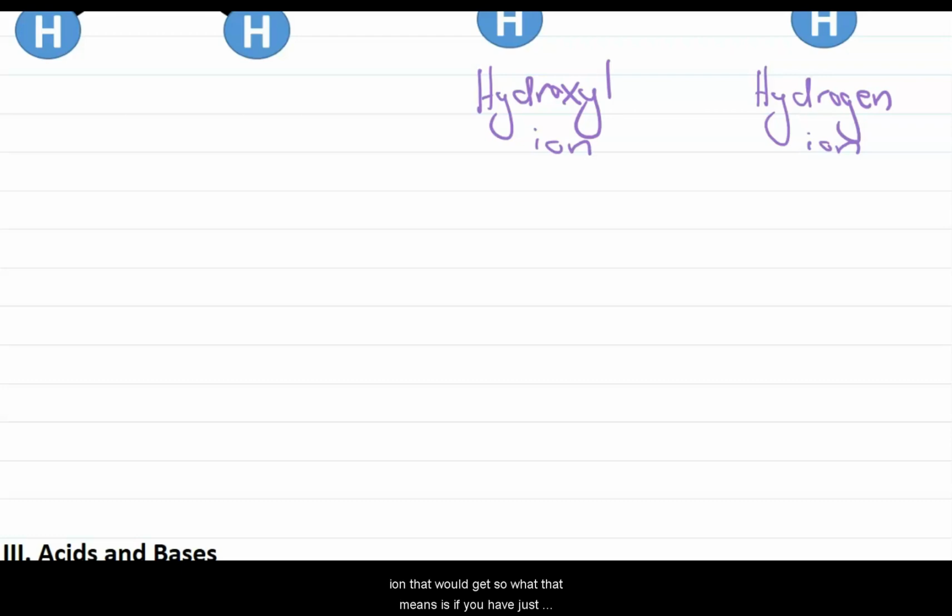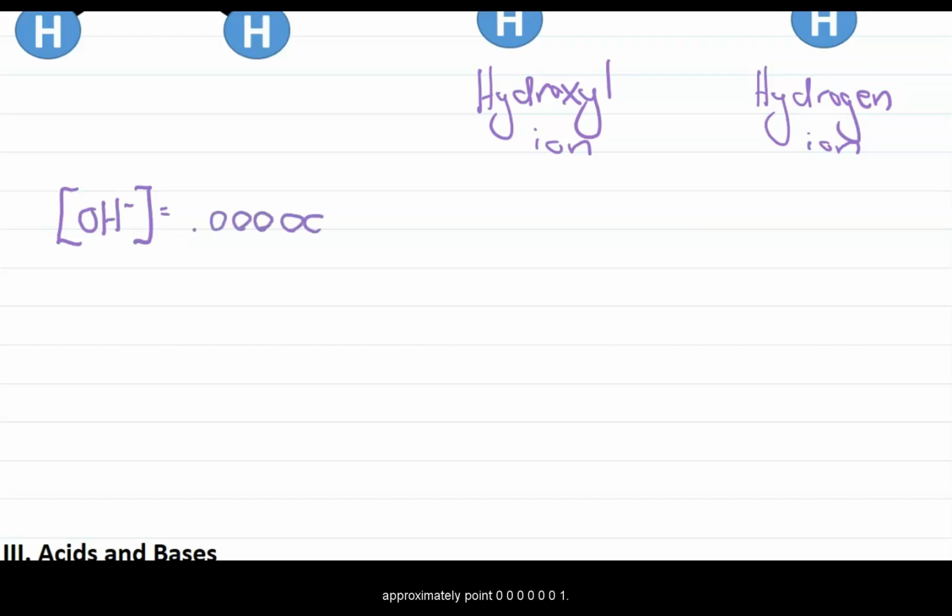So what that means is if you have just a beaker of pure water, the molar concentration of hydroxyl ions is approximately 0.0000001 molar, or that's the same thing as 10 to the minus 7 molar.